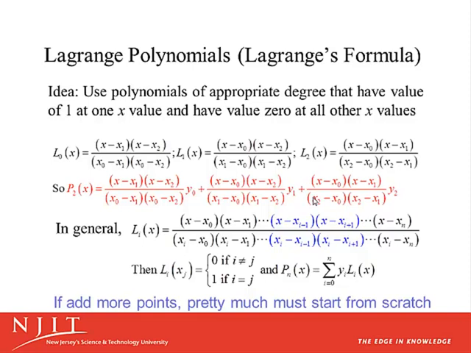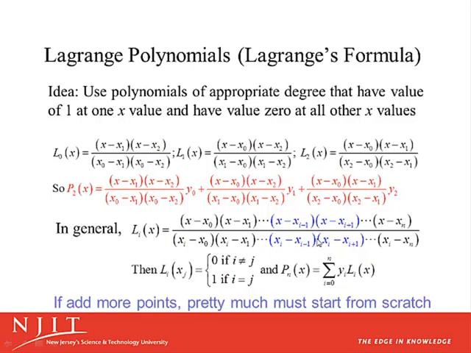In general, if you had n plus 1 points, x0 through xn, in the numerator, all you do is take x minus each of the points except for the one that you're interested in. So L sub i of x would leave out the x minus xi term. And in the denominator, you have xi minus x0, xi minus x1, etc. And again, you'd leave out xi minus xi.